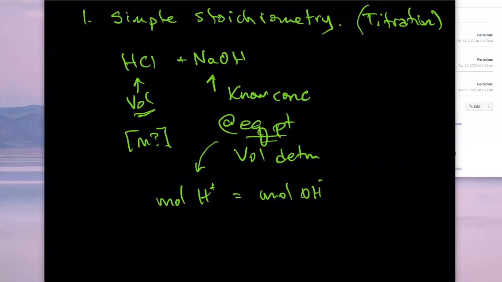That's what happens. That's why the indicator changes color. The indicator is generally a very weak acid, and when a base comes in, it doesn't generally release its hydrogen until all the main chemical, the analyte, has been satisfied.